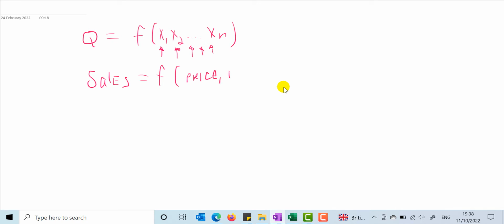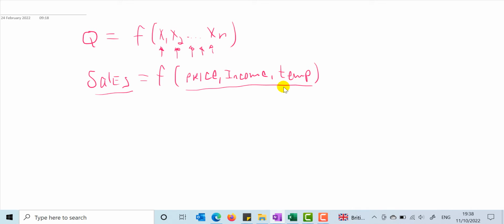Then income per capita. Temperature, average temperature. So these are basically the three factors that sales is dependent on. Temperatures are in Fahrenheit, I believe. So we need to model the quantity demanded as a function of these.